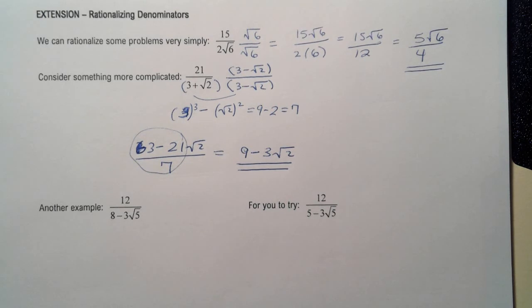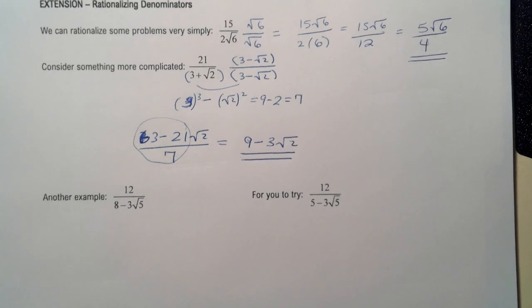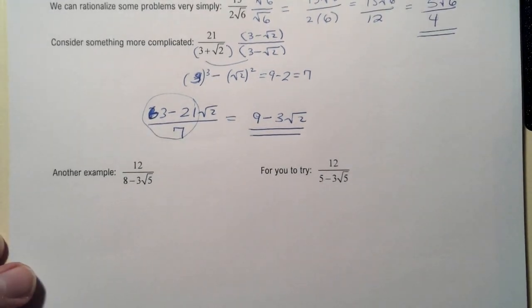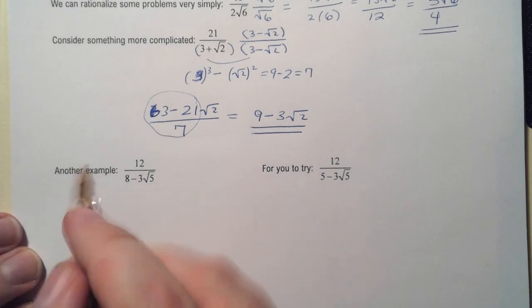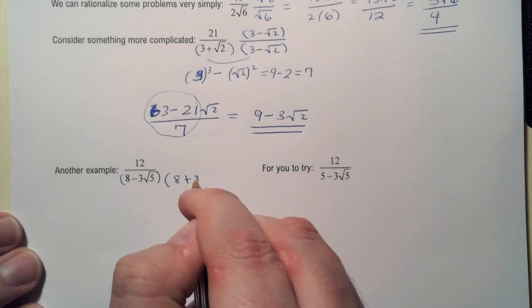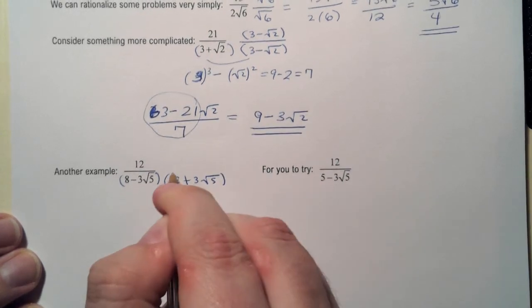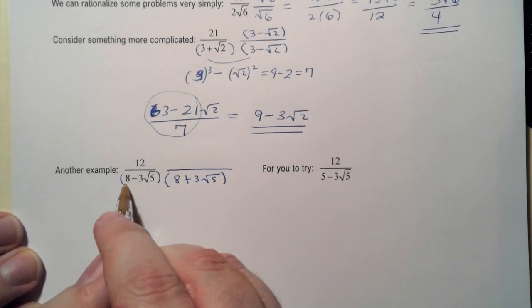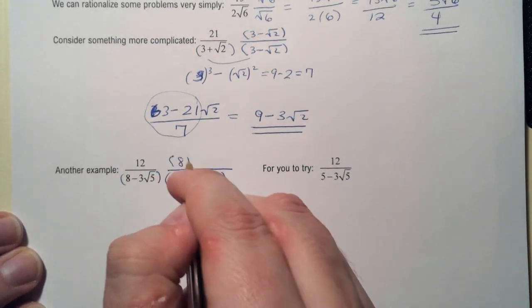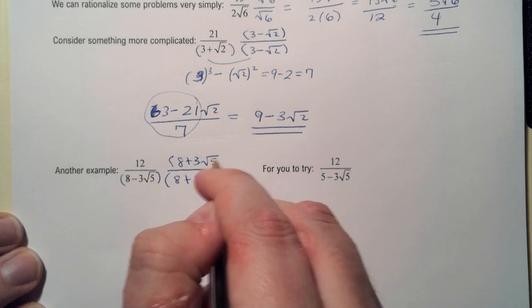I'm going to do one more example like that just so you can see how this works if you're trying to master this skill, which, like I said, as of me making this in 2021, is not on our test. I see down here I have 8 minus 3 square root 5. I multiply by the conjugate, 8 plus 3 square root 5.